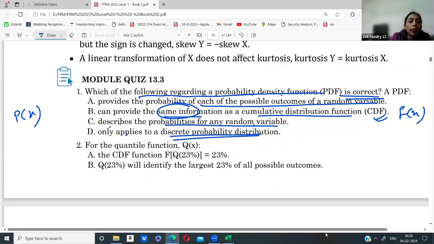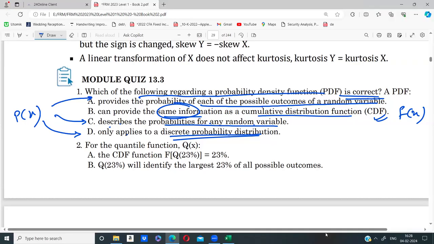Does it describe the probability of a random variable? Does the probability function only apply to a discrete probability distribution? Does it provide the probability of each of the possible outcomes of a random variable? You're saying B? Yes.